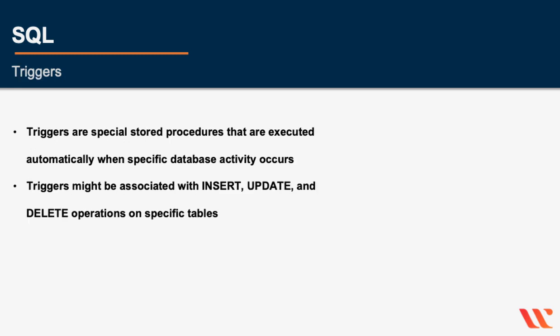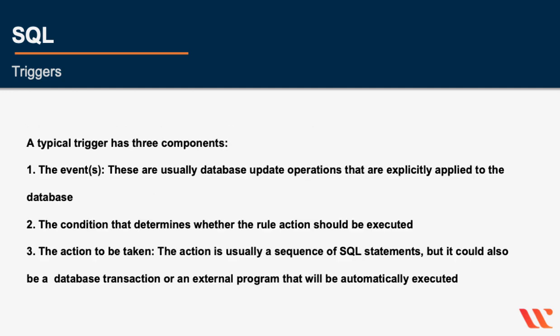Triggers. Triggers are special stored procedures that are executed automatically when a certain criteria is met. This criteria can be database activities that are associated with insert, update, and delete operations. A typical trigger has three components: an event, a condition, and an action.